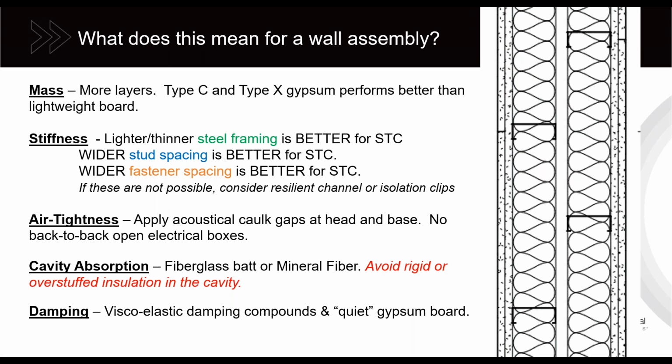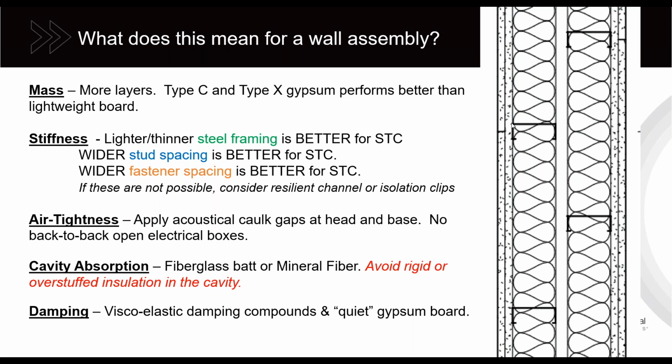Stiffness is, again, very critical as well, and sometimes counterintuitive. Lighter or thinner steel is actually better for STC. Think of it as the steel is lighter, it's more flexible, and the very light gauge steel is almost like a resilient. If you hold it, you can almost crush it in your hand. It's very resilient. And then on the other end of the spectrum, let's say a 2x4 wood stud is very, very rigid, right? Very stiff.